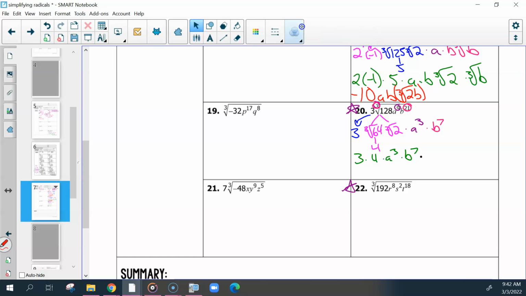And then we have our cube root of 2. What would our simplified answer be? Well, 12a to the third, b to the 7th times the cube root of 2.